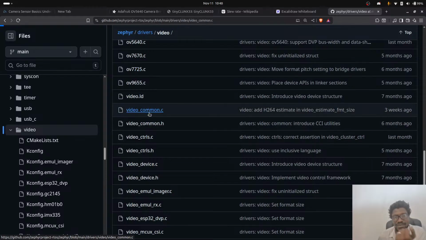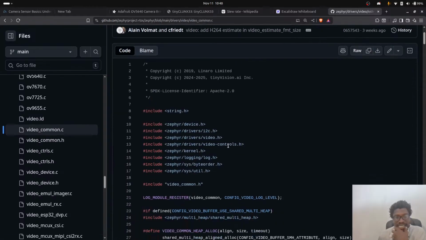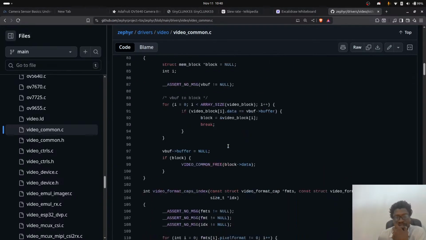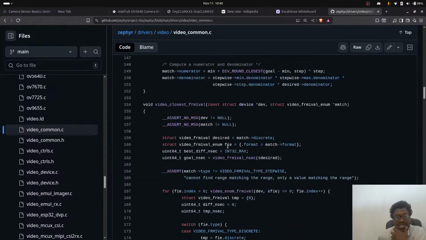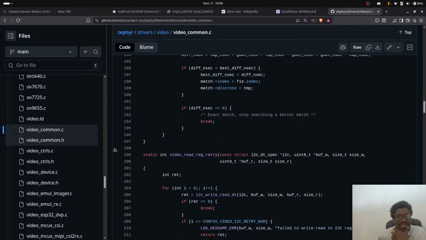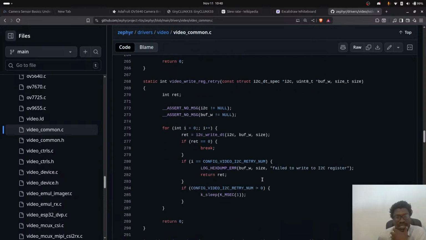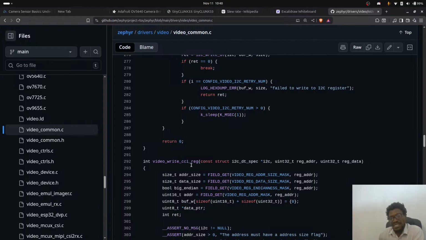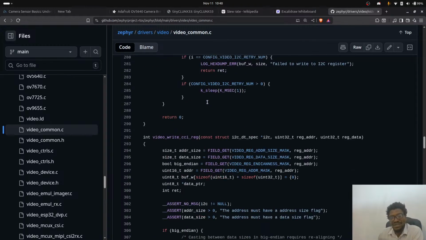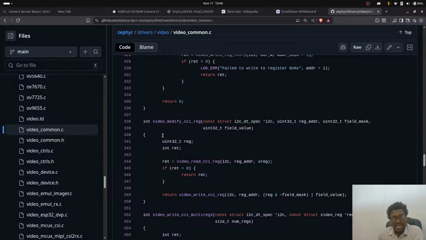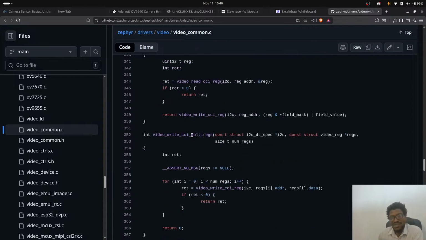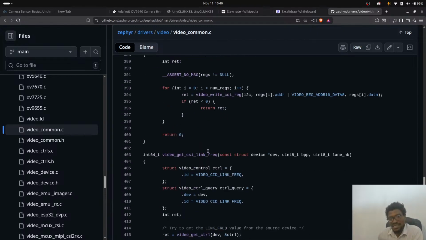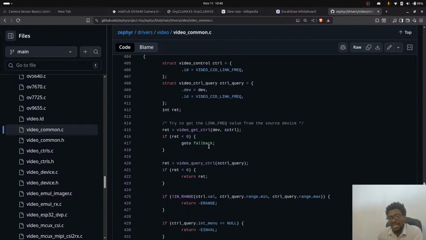You would find something called the CCS. There's a CCI library here, so there's going to be these CCI functions. Yeah, so you see here, there's video write CCI register and video reg retry, and I think there's video modify CCI register, video write CCI multiregs, multiregs 8, multiregs 16, and CSI link and all of those.